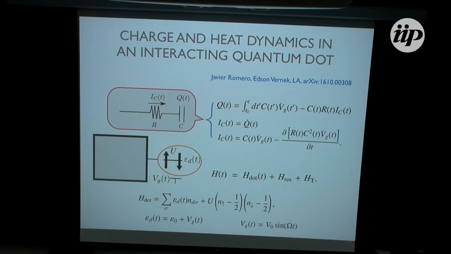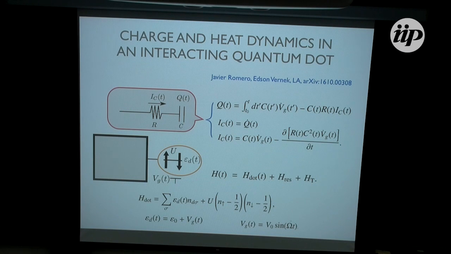Given this equation for the charge in this part of the circuit, the current can be calculated by the time derivative, and we get this equation, which is obtained assuming that V dot is small, so I cut at the lowest contribution.